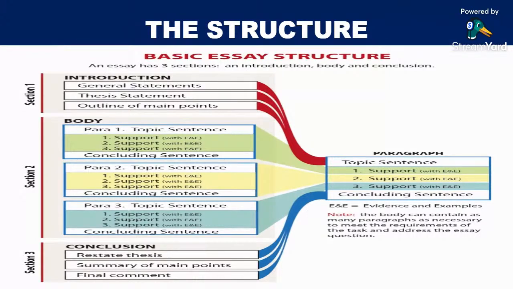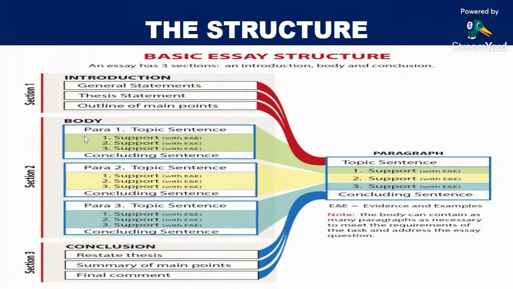The first paragraph should begin with a general statement, which can be called the hook. Then the thesis statement, and then the main points, which could be called enumeration. All the 3 points may not be included, but the most important are the hook or general statement and the thesis.